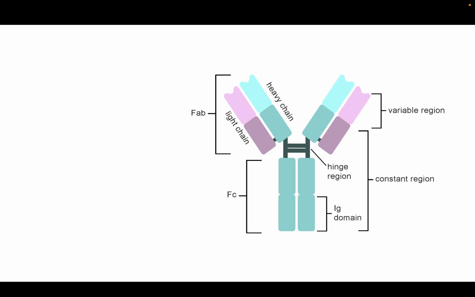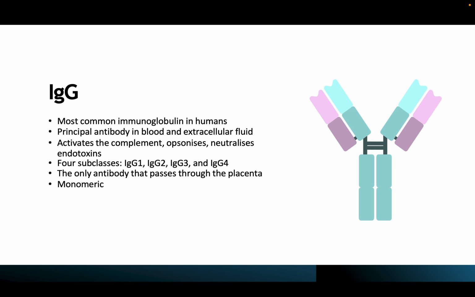So now I want to talk about the different types of antibodies you can create. So you can create IgG. This is the most common type of antibody that you have in your blood. It's found mostly in your blood, and it's extremely good at binding to extracellular pathogens, be it viruses, be it bacteria, and they're extremely good at activating your complement, at opsonizing.